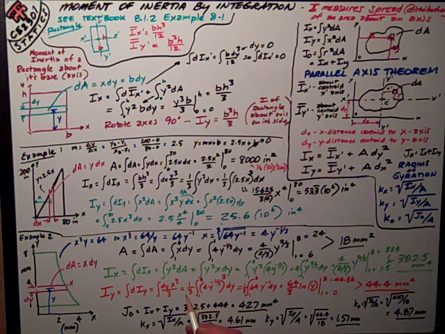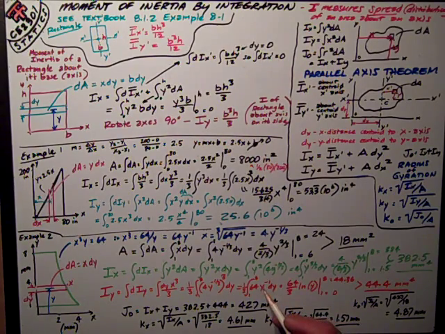So that's evaluated 1/3 times the integral from 1 to 8 of x cubed, but x is equal to 4y to the negative 1/3, and I cube that whole thing. Keep on evaluating it. I get 1/3 integral of 64, which is 4 cubed, times y to the negative 1/3 cubed, which is y to the negative 1, dy.